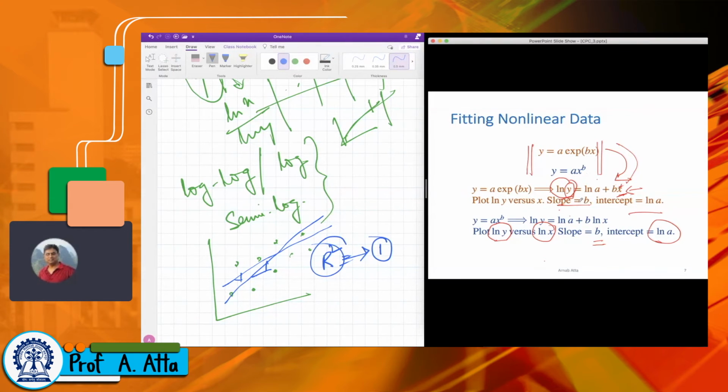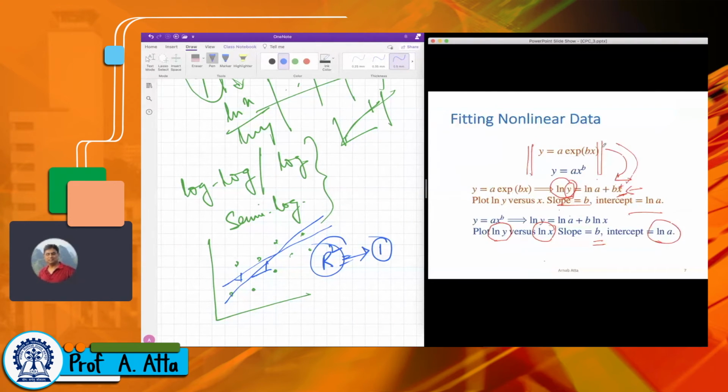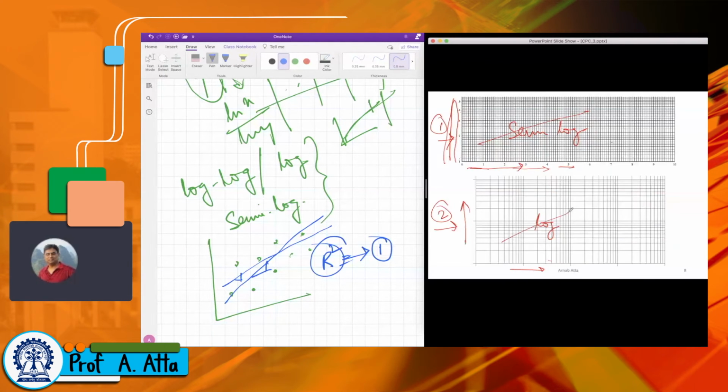If I plot this on semi-log paper, it would give me a straight line with a slope of a and intercept of b. In the case of the power law, when we converted to log expressions, both are on a logarithmic scale. We plot here without converting x and y directly, and we get the straight line plot.